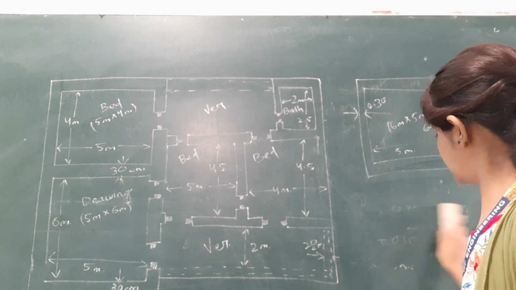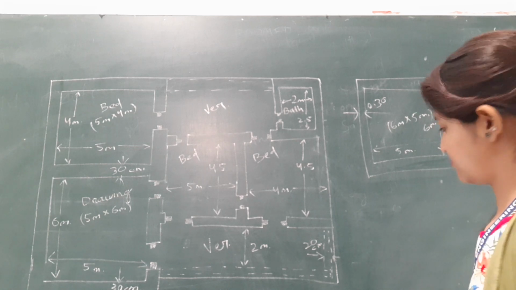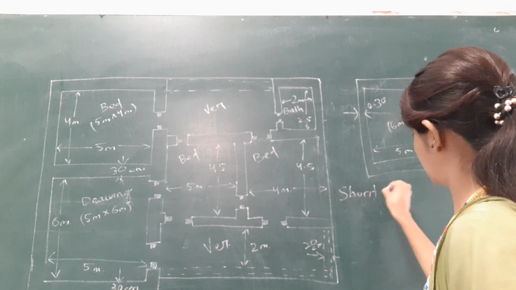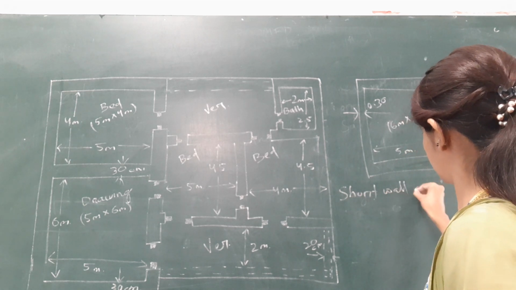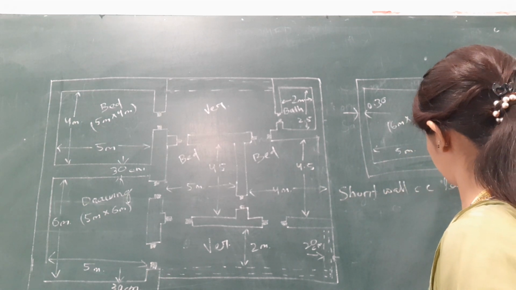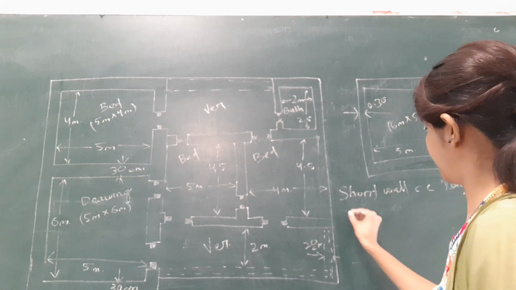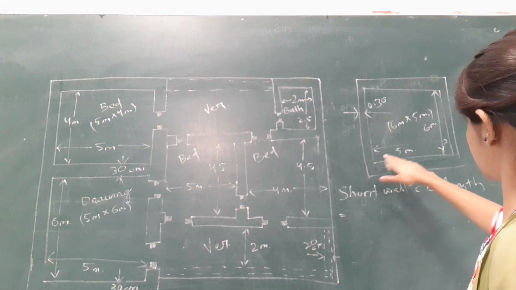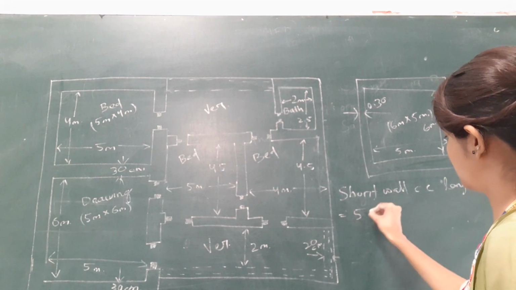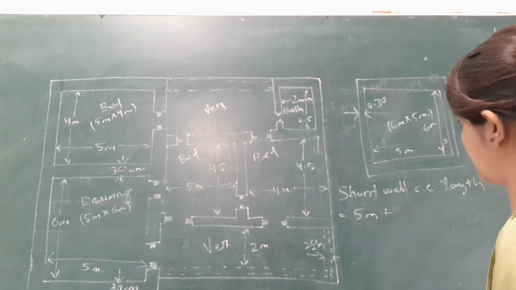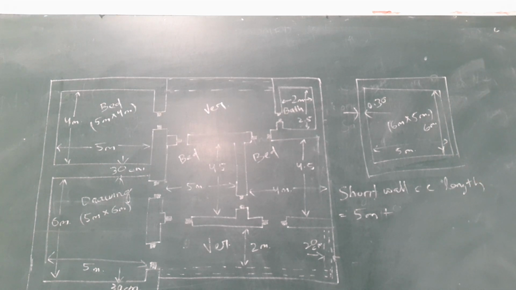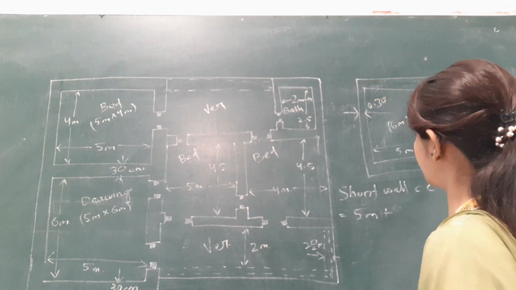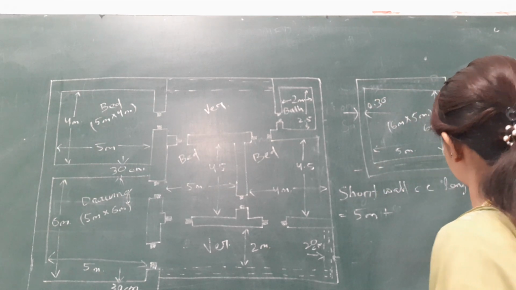So that is the long one. For the short wall, the center to center length: what's the dimension? 5 meter. 5 meter plus, obviously the same process, half of one width plus half of another width.